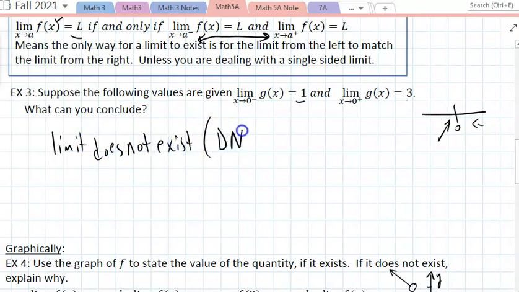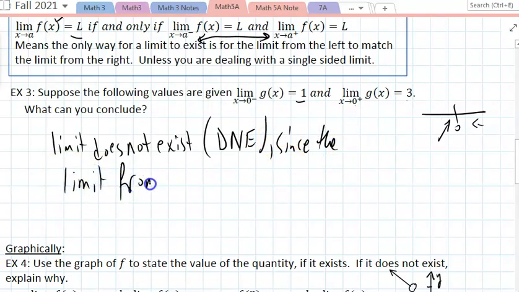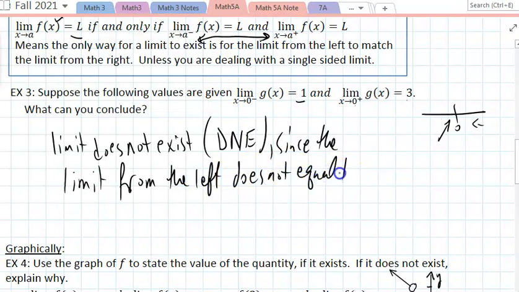And we use does not exist like that a lot, since the limit from the left does not equal the limit from the right.